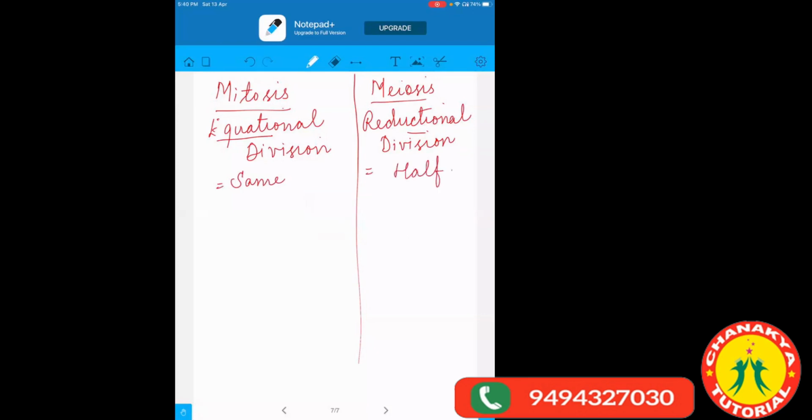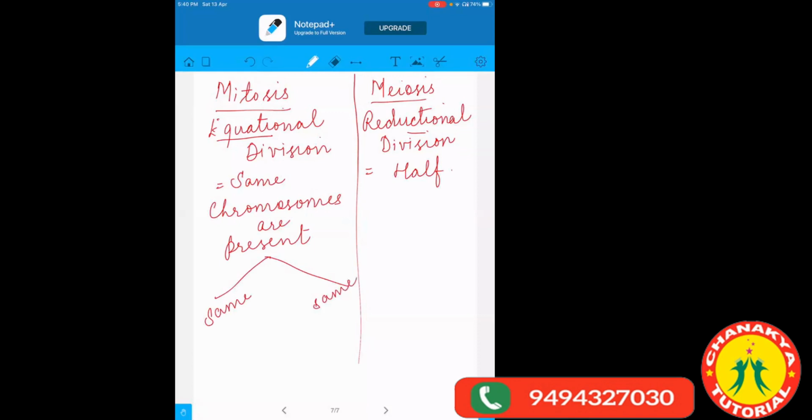So mitosis is a process in which whatever the number of chromosomes present, they divide and convert themselves into the same number.